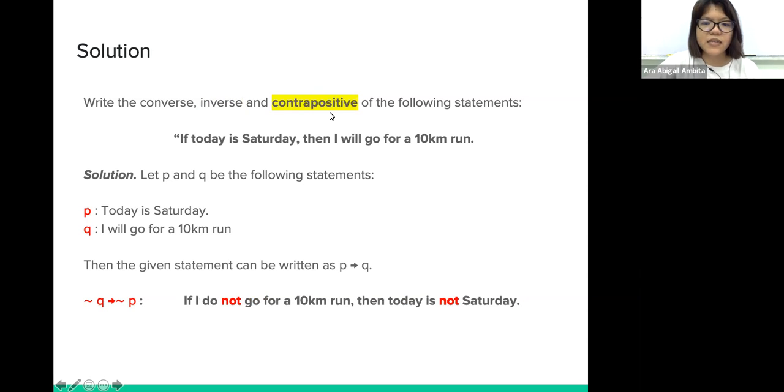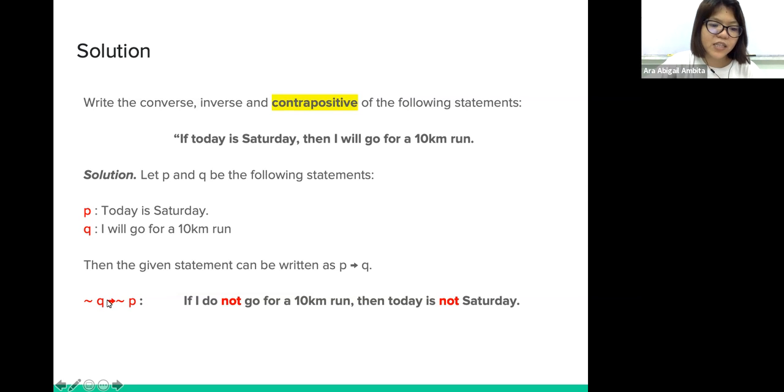Next, the contrapositive. Again, how do you get the contrapositive? The contrapositive is taken when you take the inverse of the original conditional P implies Q, which is not P implies not Q, and you swap it.